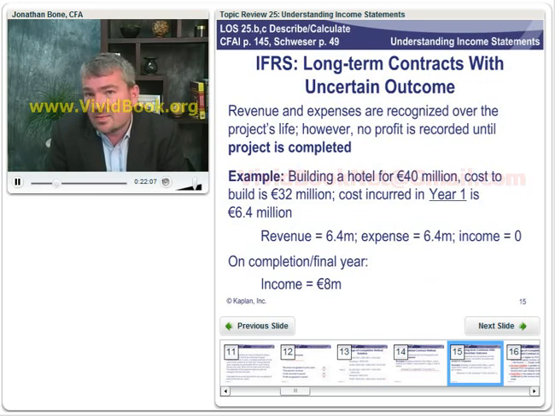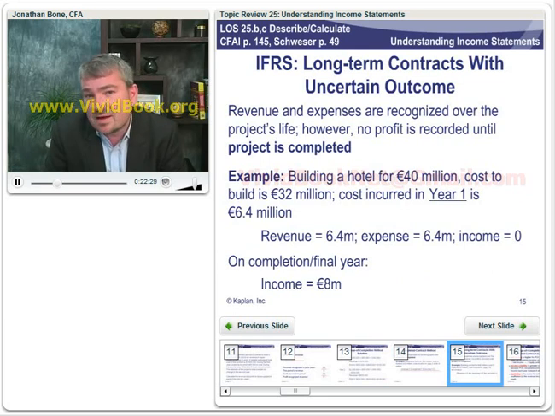Building a hotel that we think we're going to sell for 40 million euros. The cost to build it is 32 million euros. So we're expecting a profit of 8 million euros. Notice the cost incurred in year 1 is 6.4 million. So we've got an expense of 6.4 million. So all we'll do is match our sales figure to that expense in the income statement, so we have 0 profit.